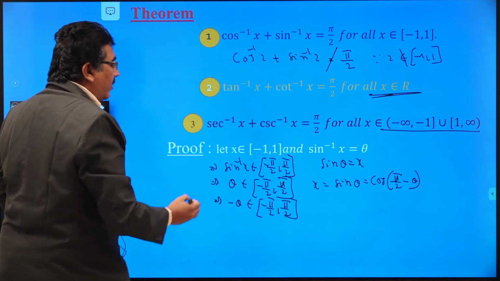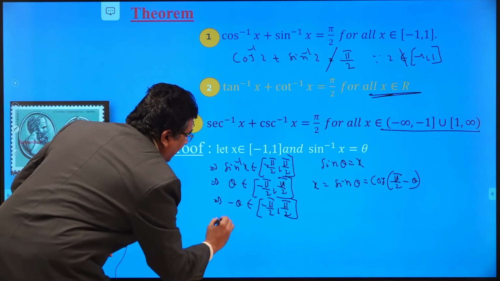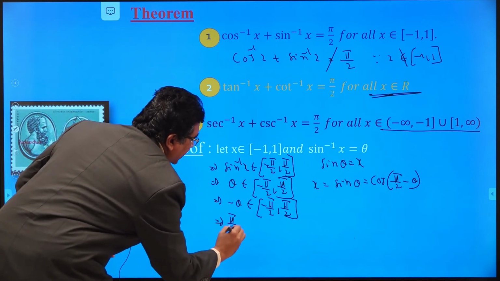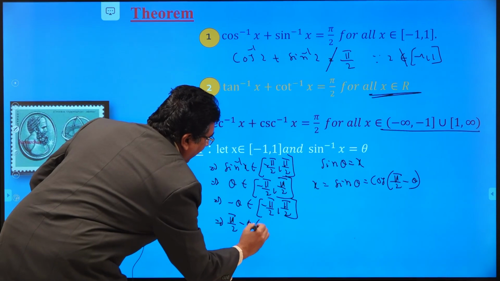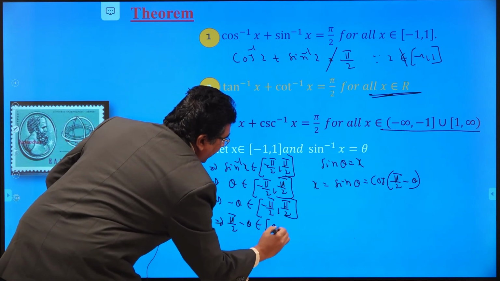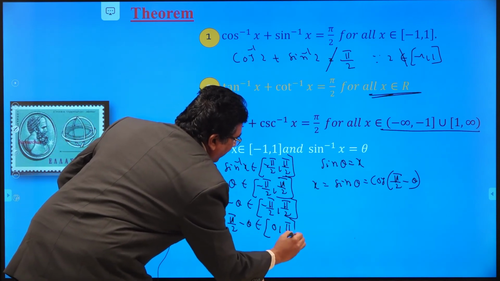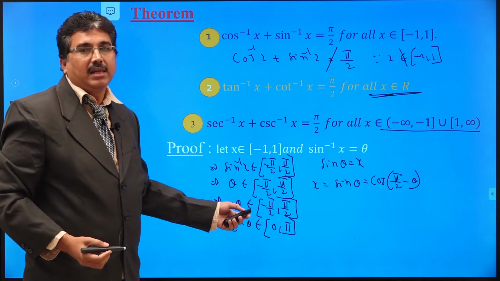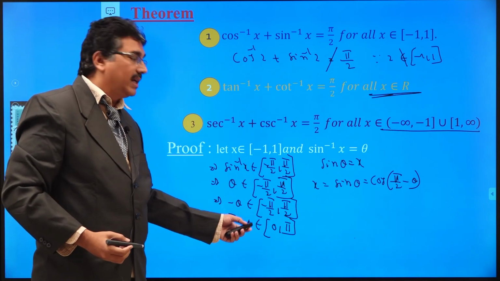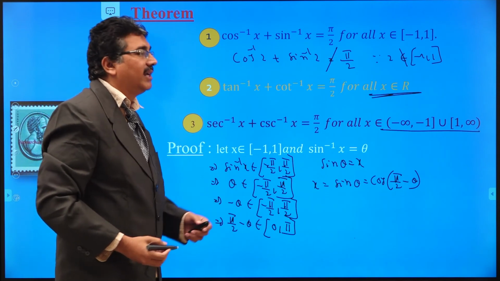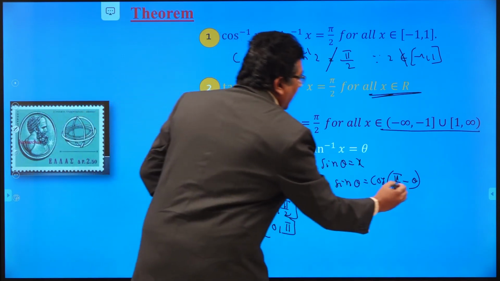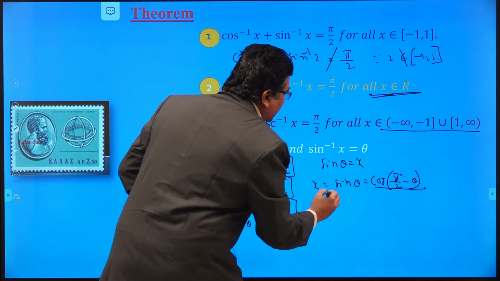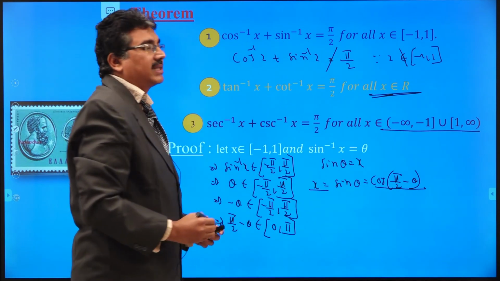Pi by 2 minus theta belongs to the closed interval 0 comma pi, and cos of pi by 2 minus theta is equal to x.